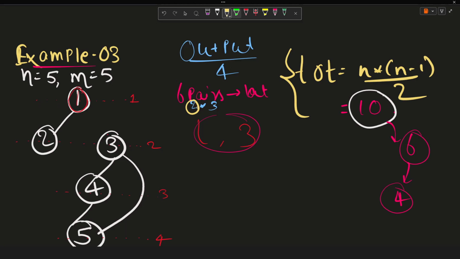Similarly, what is this 2? It is nothing but the subtree size rooted at this other end of the bridge, right? This was the bridge earlier, so it has two ends, 1 and 3. Since we have removed the bridge, it will be like the subtree size of 1 is 2 and the subtree size of 3 is 3. So when we multiply them, 2 into 3, we get 6.